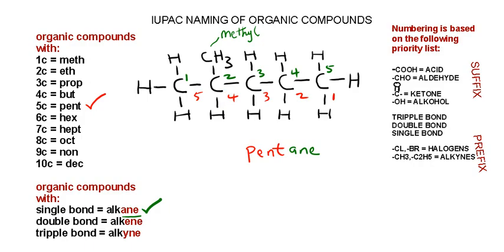Remember, we always go with the lowest numbering, which is 2. So it's going to be 2-methylpentane. This becomes the name of this organic compound.